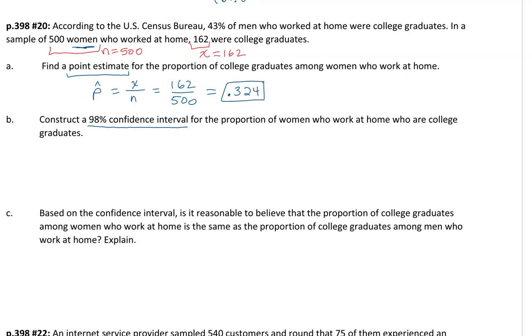And so what we might do for work is write down that we recognize that we're going to use one prop z int for interval, and then tell me what you put into the calculator. X was equal to 162, n is equal to 500, and the C level as a decimal, the confidence level, 0.98.